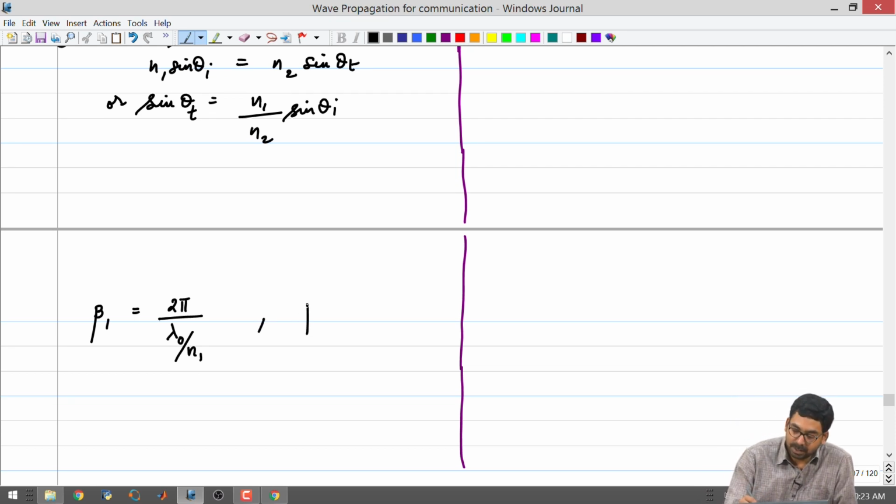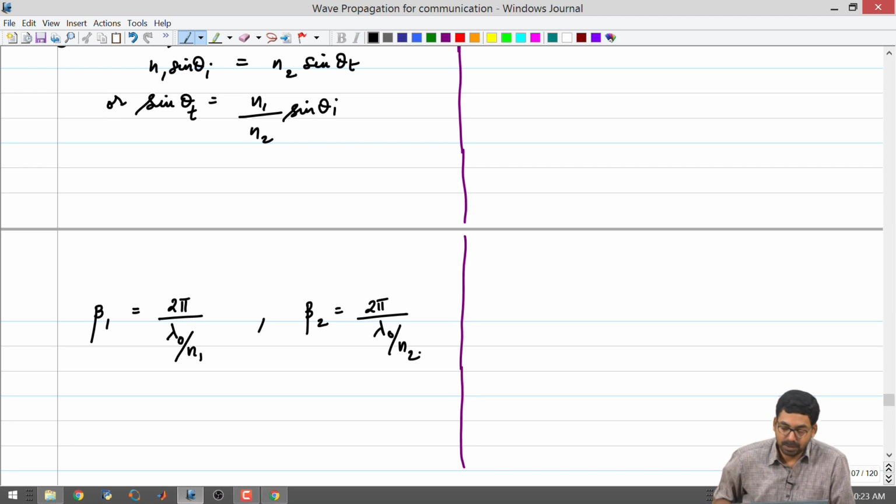So, if you were to take beta 2, you will be having 2 pi divided by lambda naught over n2. So, this gives us some idea that n1 divided by n2 can also be written as a ratio of beta 1 divided by beta 2. We are just substituting for n1 by n2 in terms of beta 1 divided by beta 2.